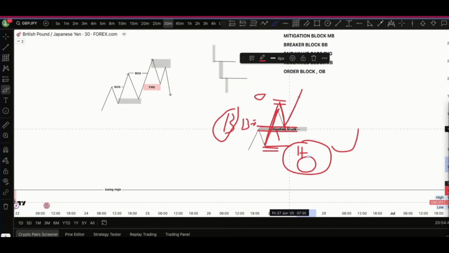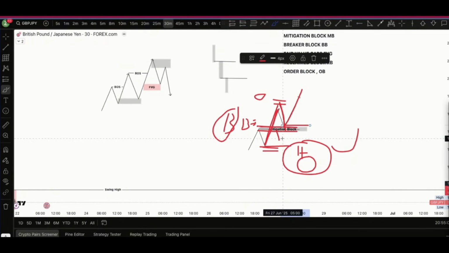But this hedge fund is already in profit even at this zone, so there's no need for them to close their order here. So when the bank brought the price to this level, they close at break even and continue to buy to be in line with this hedge fund.